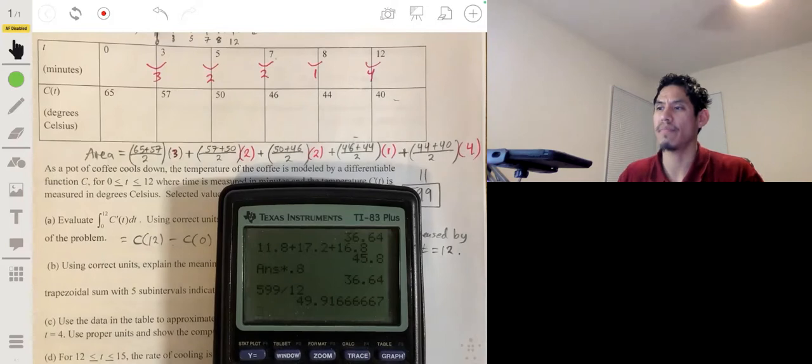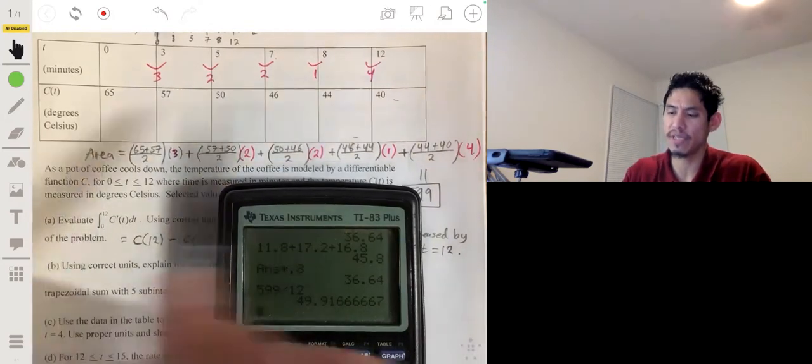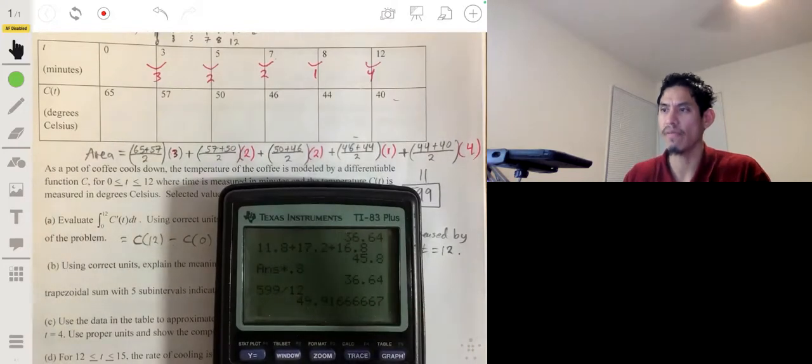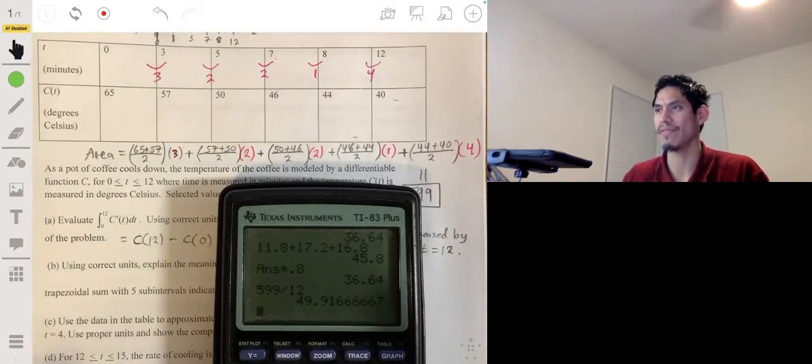This number just represents the average temperature per minute over this time period. Since there's 12 minutes from 0 to 12, dividing this quantity by 12 is going to give you the average value of C per minute.